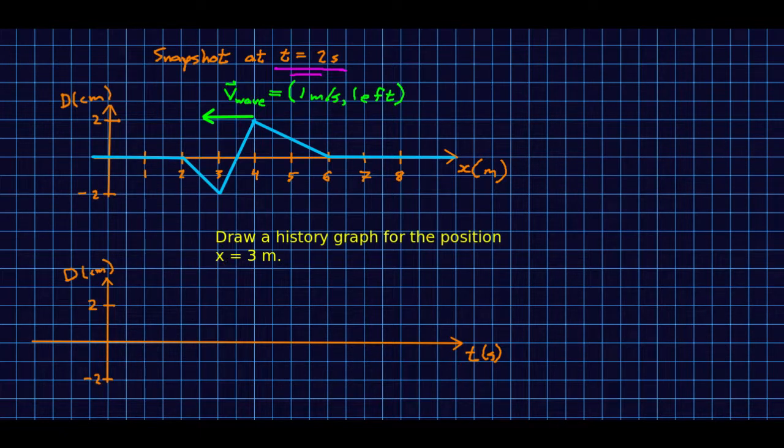And before you start trying to draw it, it's good just to sketch roughly what it should look like. So the main thing is just to work out which way around it'll be turned. So our displacement versus time graph, if you think about any point, now the point we're interested in is x equals 3. But no matter what point you think about, recognize that the leading edge of the wave is this piece.